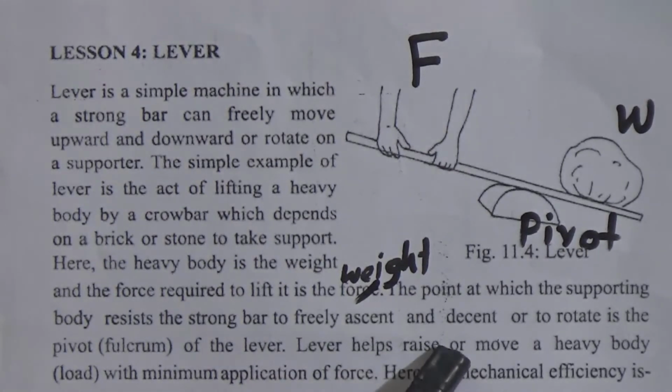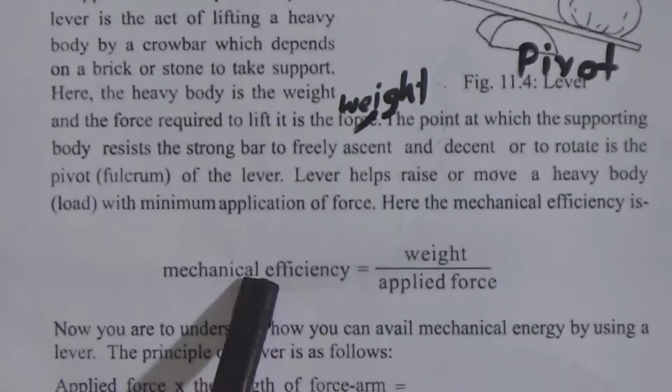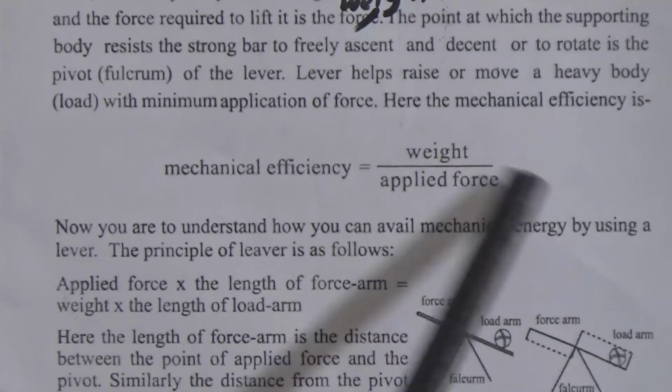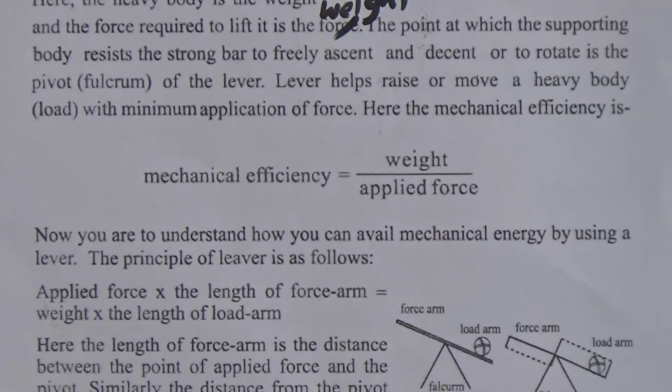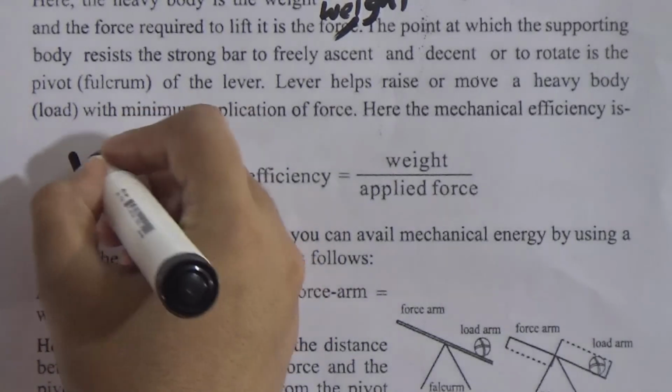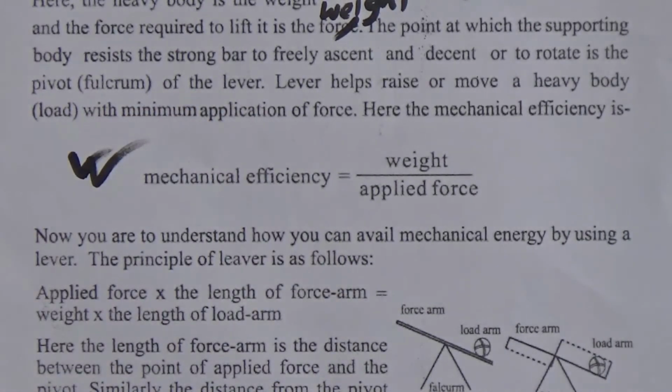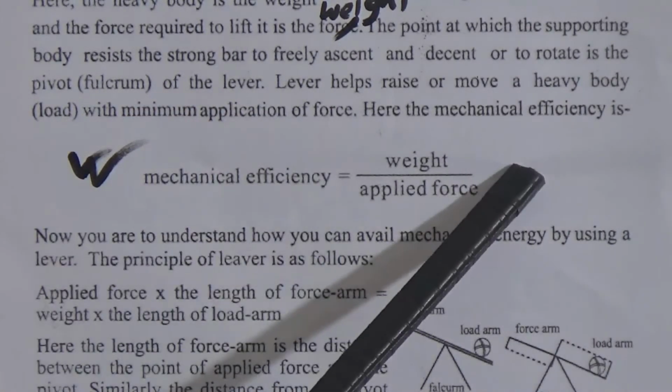Lever helps raise or move a heavy body, that means load or weight, with minimum application of force. Here the mechanical efficiency is equal to weight divided by applied force. Dear students, you have to memorize this mechanical efficiency formula.